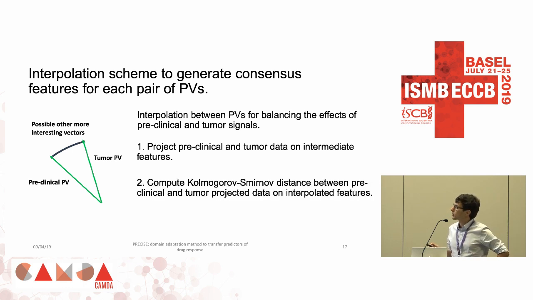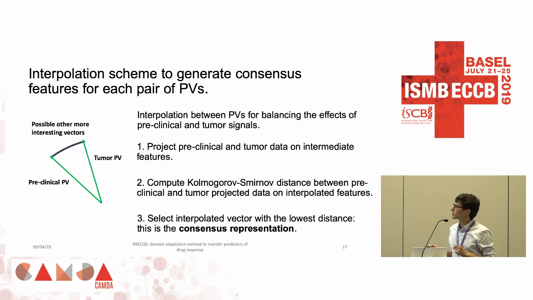Then for each of these points, we compute the Kolmogorov-Smirnov distance between the preclinical data projected and the tumor data projected. So it gives us a score of how similar the 2 datasets are in this projection. And then we take the point where this Kolmogorov-Smirnov distance is the smallest. So this gives us a consensus representation, and we do it for all of the principal vector pairs.